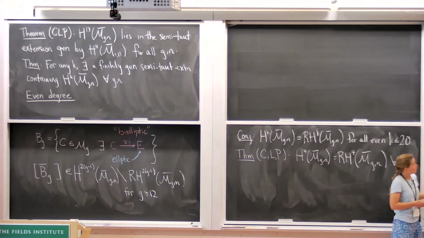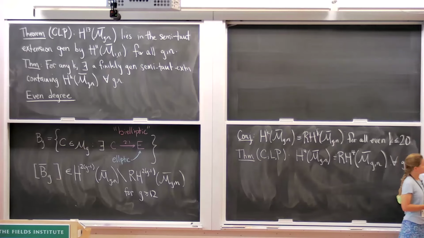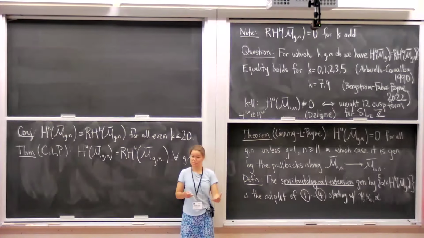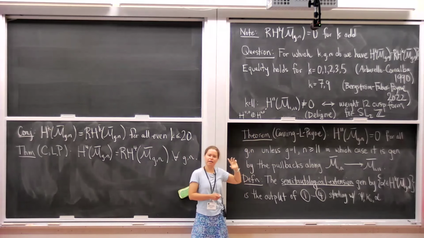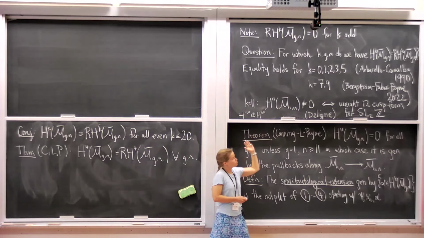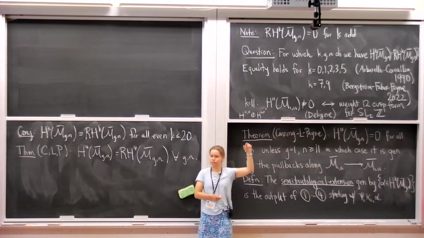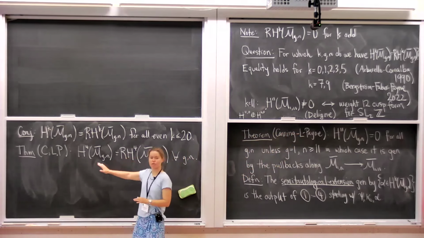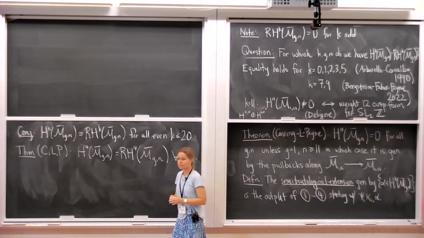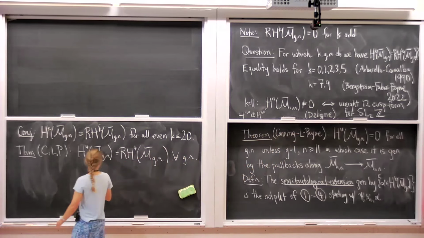So to get up into degree 11, we needed to understand a lot more base cases. And we had an issue that one of our base cases didn't vanish. But again, this result does build upon the ideas of Arbarello and Cornalba, whereas this one is taking a new path.